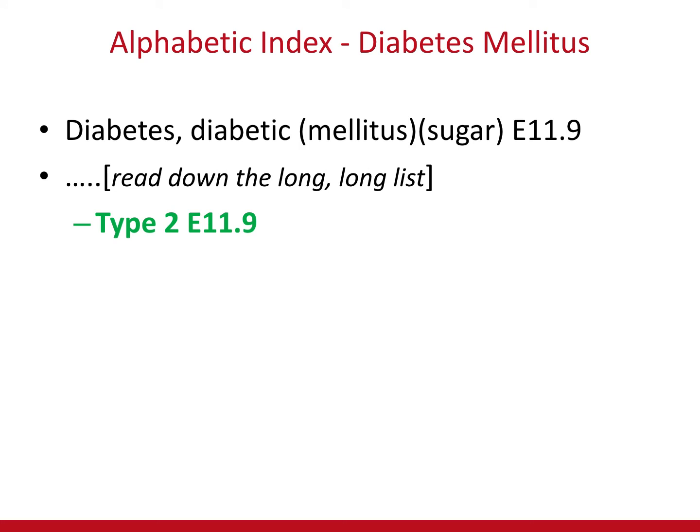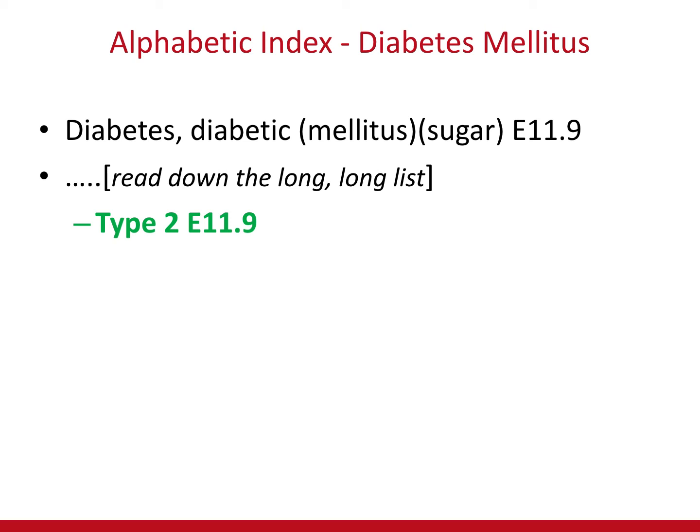Back to the alphabetic index of ICD-10-CM, look up diabetes, diabetic, mellitus, sugar, and it gives you E11.9. But we know from the documentation that she specifically has type 2 diabetes mellitus. So read down the long list, it's in alphabetical order, and find T for type 2.